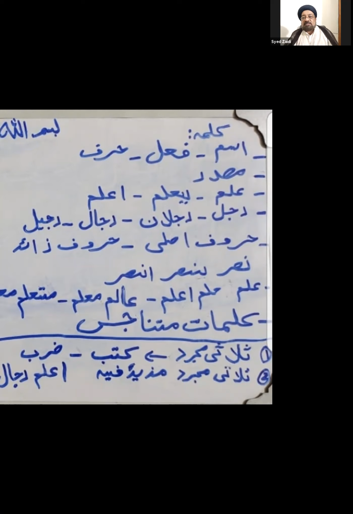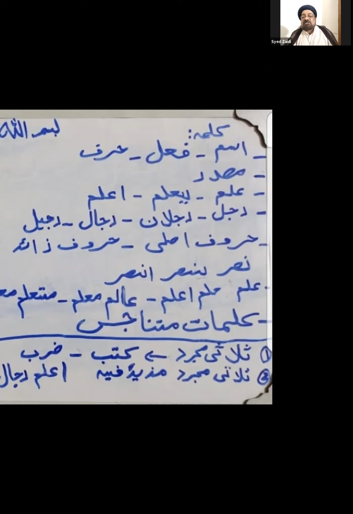Nasr. Nasr is the masdar, or the root word. From that root word, Nasr, where Sad is sakin, or silent. Not silent in the way you're going to pronounce it, but there is no mark on top of it.